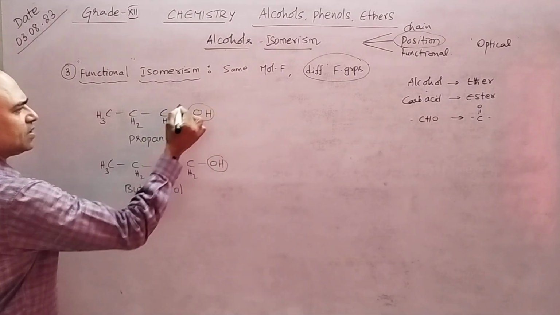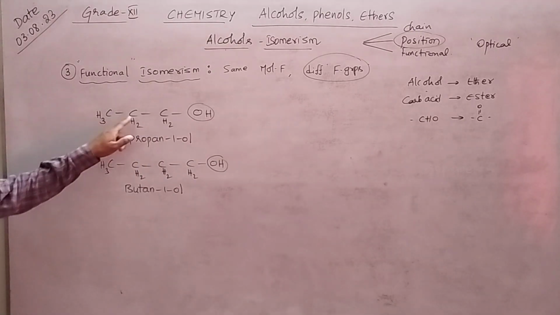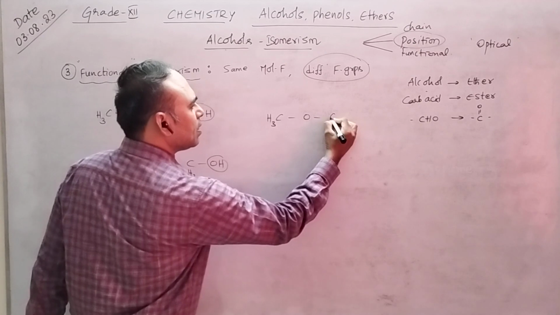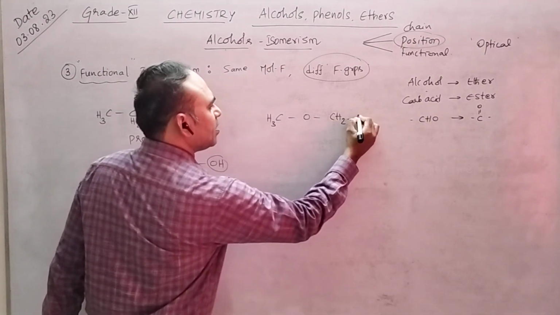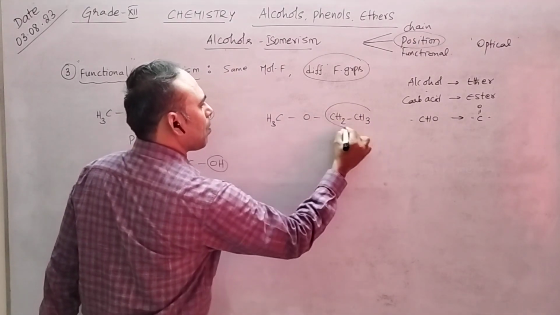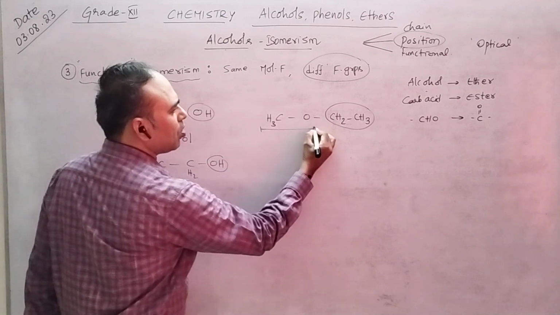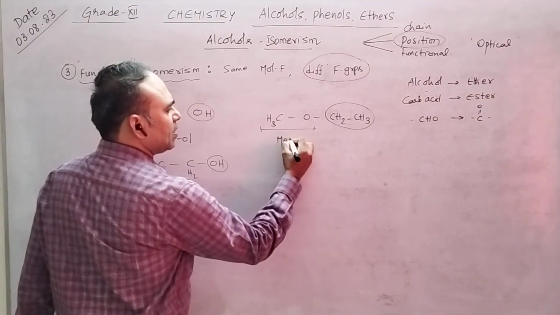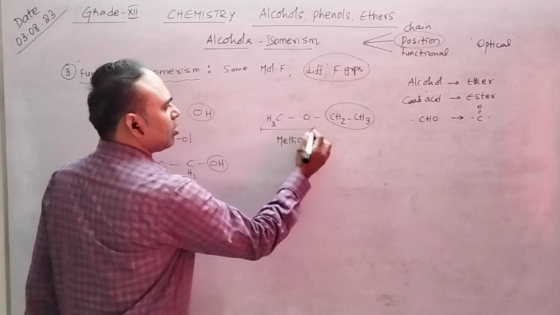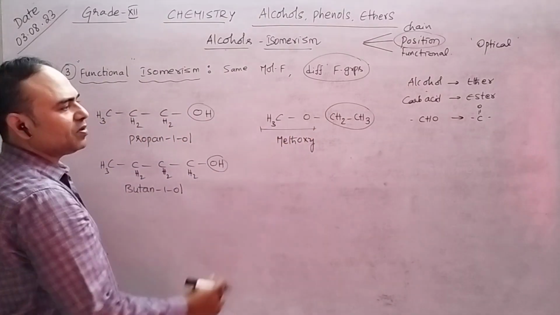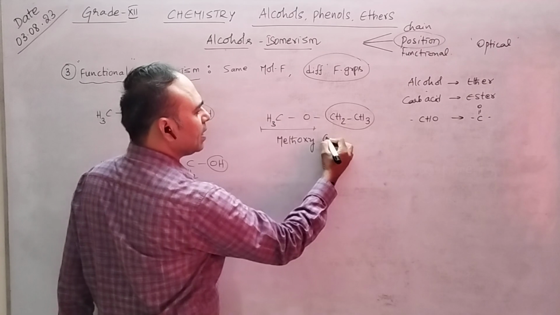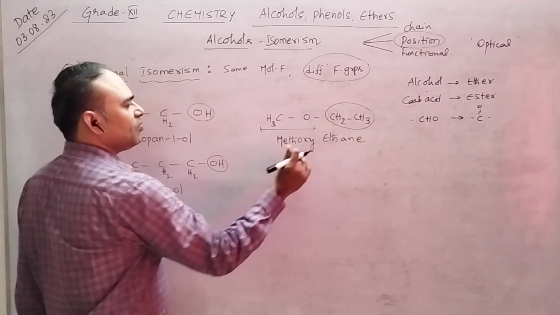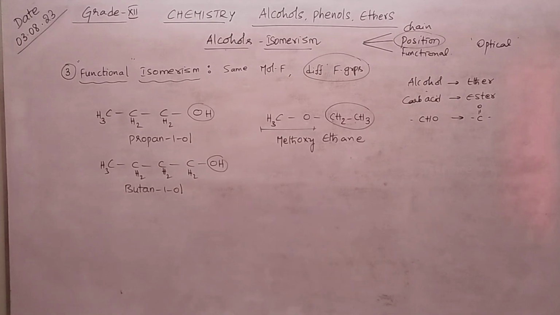By changing this into ether, so how do you write? 3 carbons are there. So I will write like this: 1 carbon here and the remaining 2 CH2 and CH3. And according to the nomenclature of ethers, later we will discuss that this is nothing but a methoxy. Always oxygen is given to the less number of carbons, so we call it as methoxy. Root word is eth because you have 2 carbons. Single bond, therefore ane, methoxyethane.